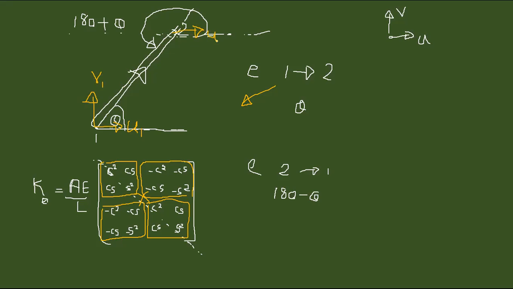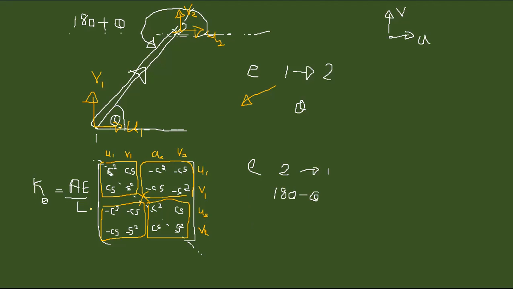So this will be u2 and v2. You denote the rows and columns in the same manner: u1, v1, u2 and v2. Okay, so we are going to have this matrix.